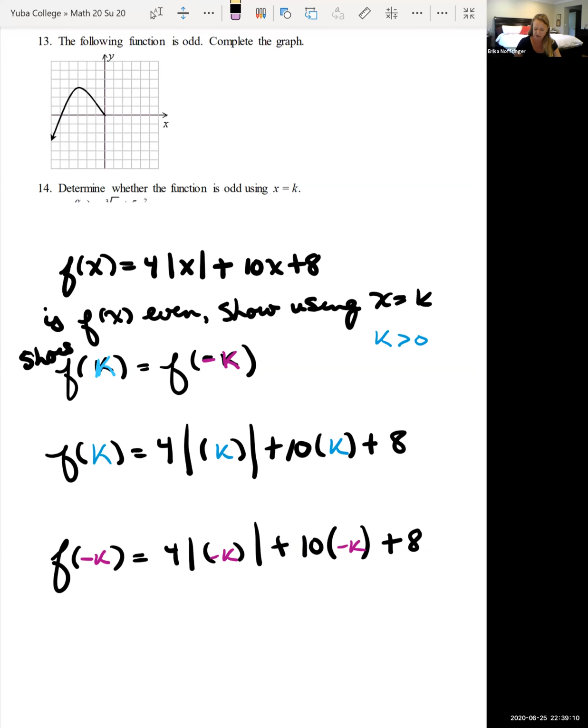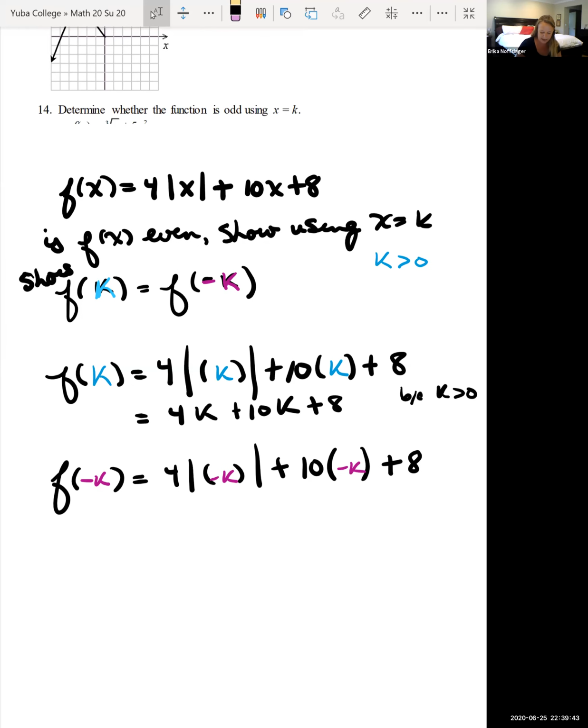But assuming that it's bigger than 0, if I take the absolute value of a number that's bigger than 0, I'm going to get the same number, right? Or the same thing as dropping the absolute value. So I can say this is the same thing then as 4 times k plus 10k plus 8. So that's f of k.